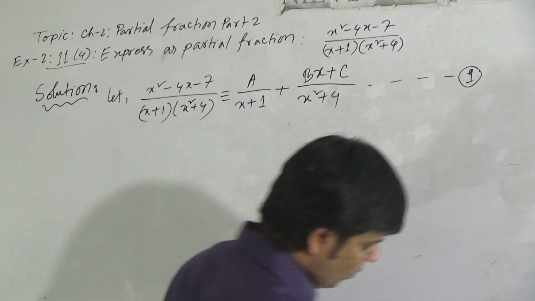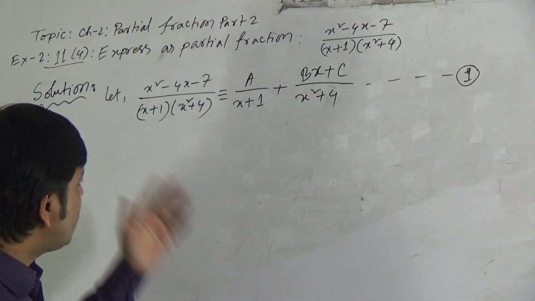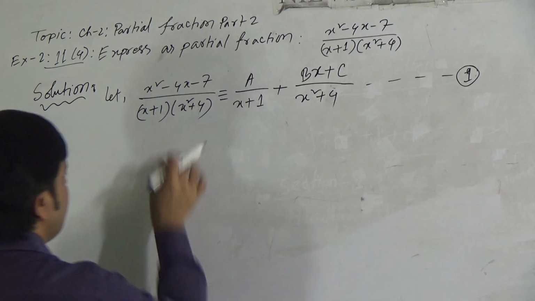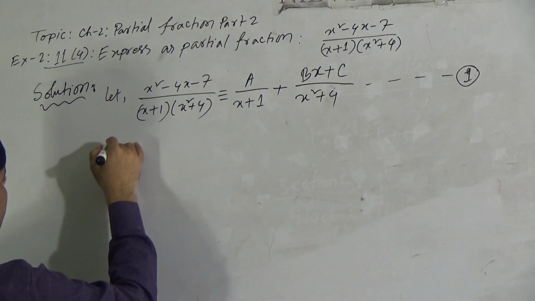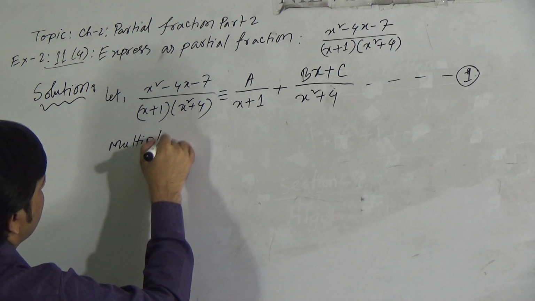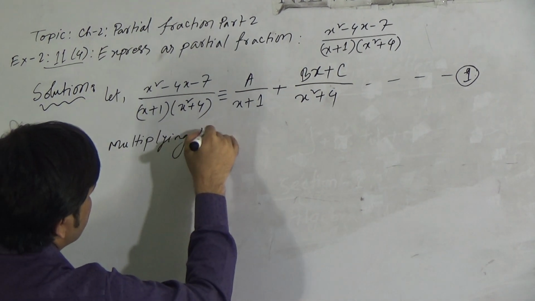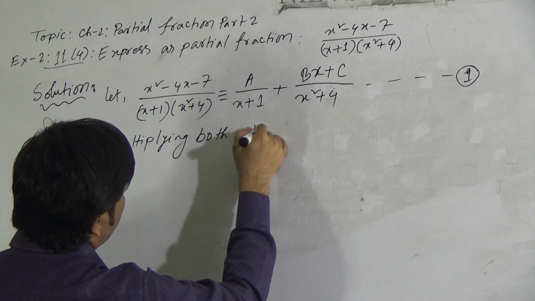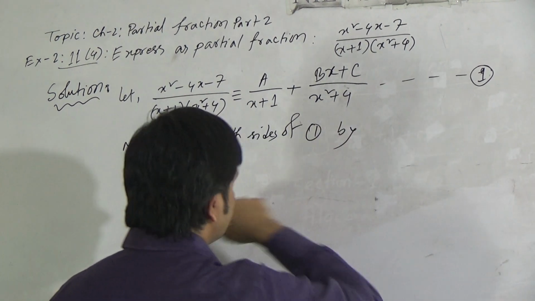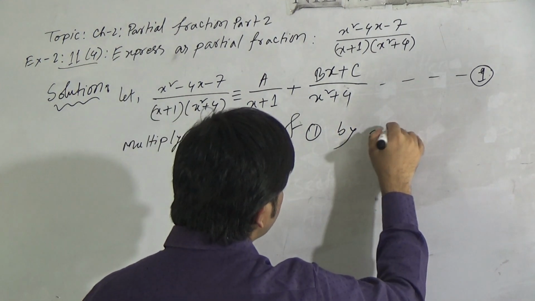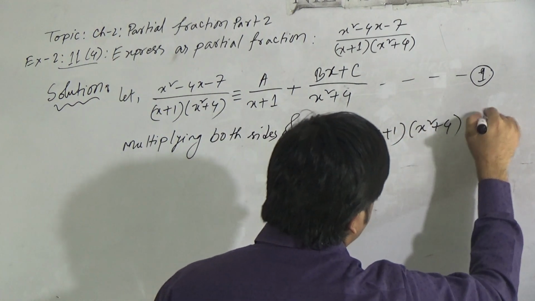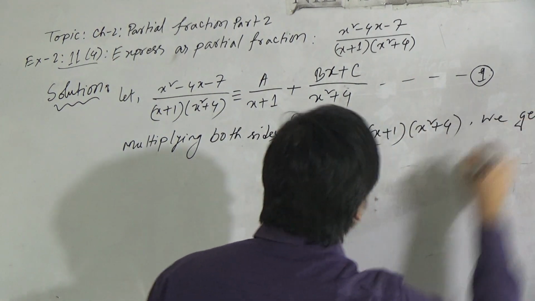This is equation 1. So now we can multiply both sides of 1 by the denominator of the left side. So we can write here, multiplying both sides of 1 by x plus 1 into x square plus 4. What will we get?